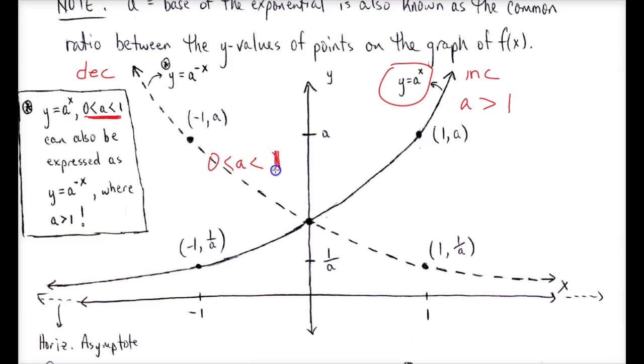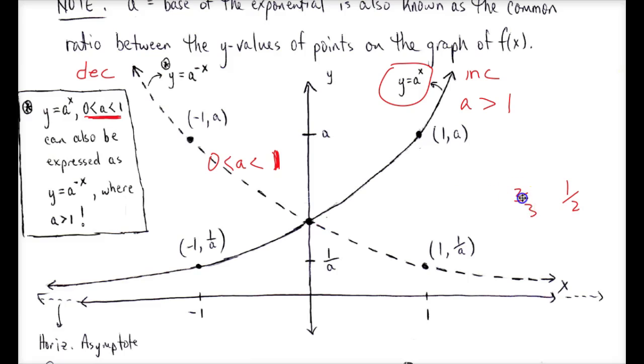And what we mean by a being between 0 and 1, in particular, we deal with this more so if a is what we call a proper fraction. Proper fractions, in case you forgot, look like 2/3, 1/2, let's say 4/5, that kind of thing, where the numerator is smaller than the denominator. Okay, so that's what we mean by that.